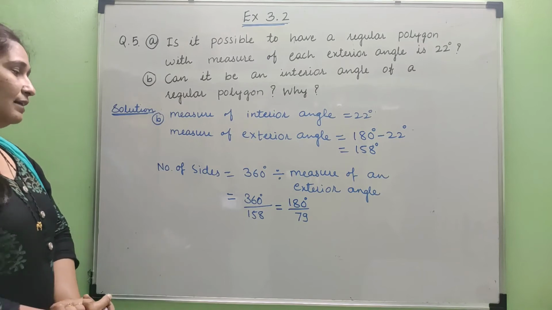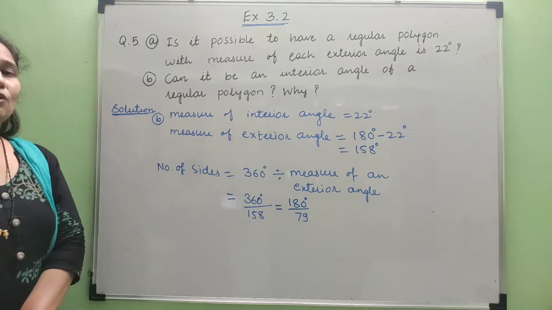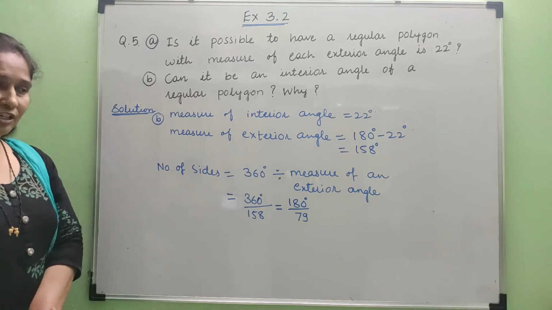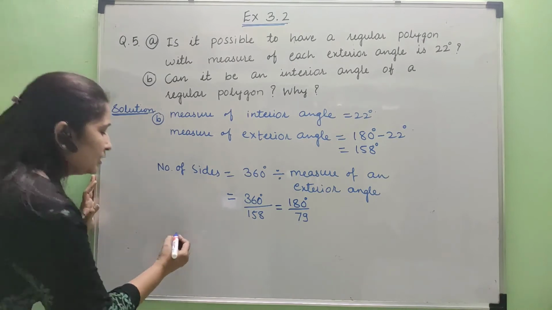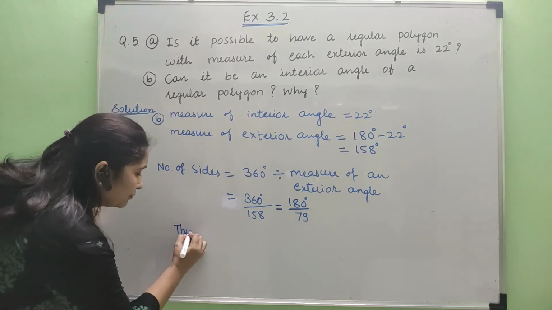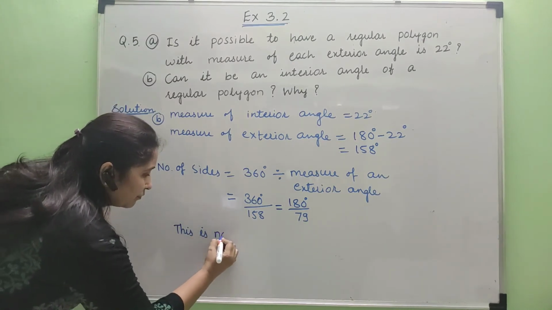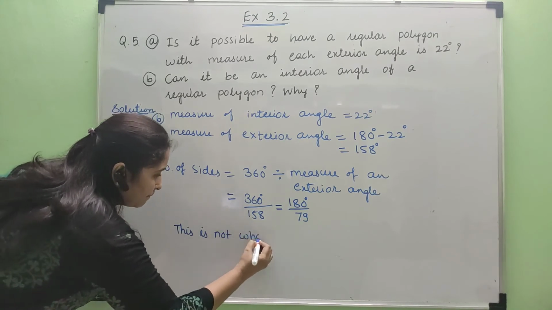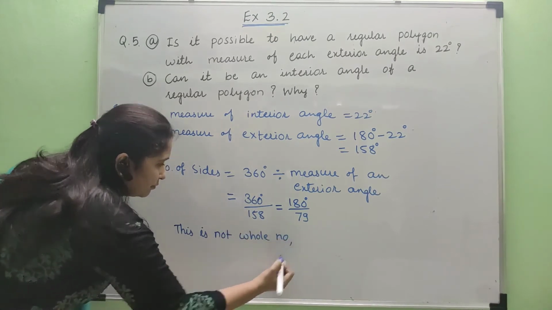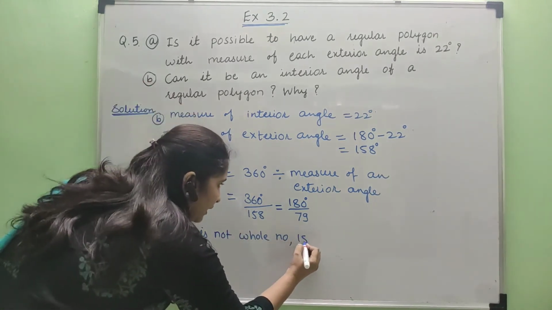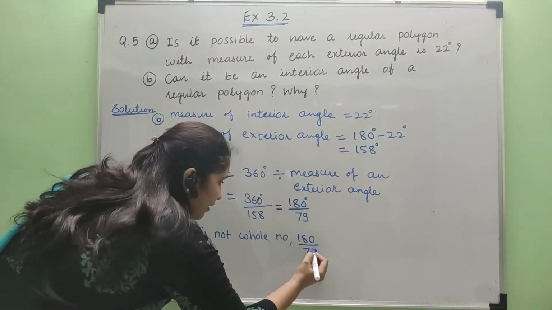And we know that the number of sides of a polygon can't be a fraction. 180 by 79 is not a whole number; it is a fraction.